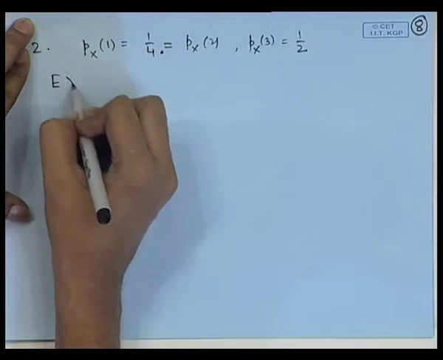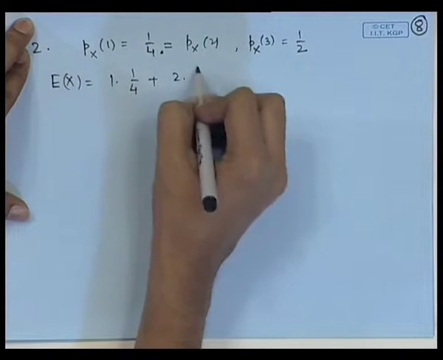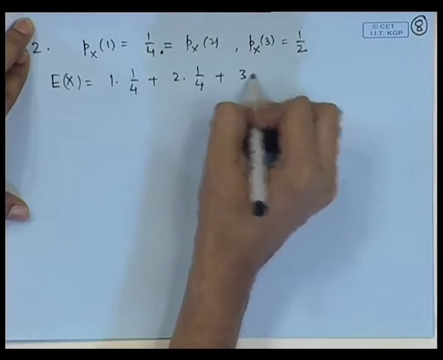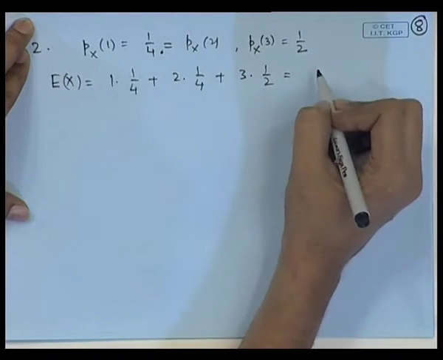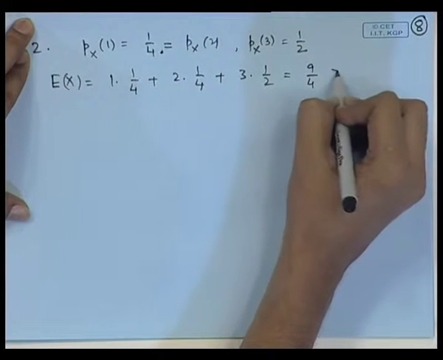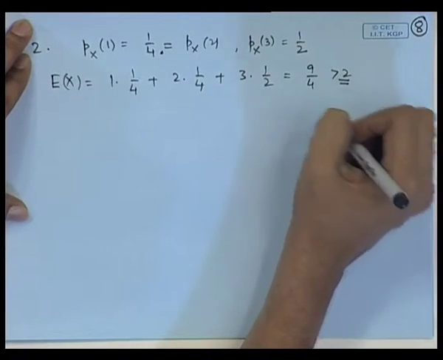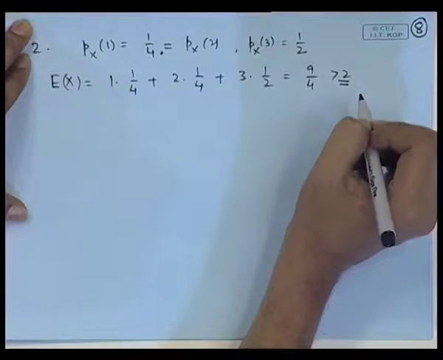Here expectation of x is equal to 1 into 1 by 4 plus 2 into 1 by 4 plus 3 into 1 by 2, which is equal to 9 by 4, which is actually greater than 2. That means, on the average you will need more than 2 testings for getting the defective bulb.